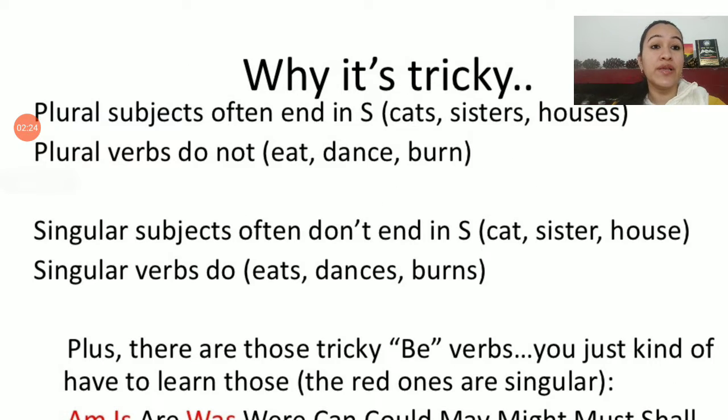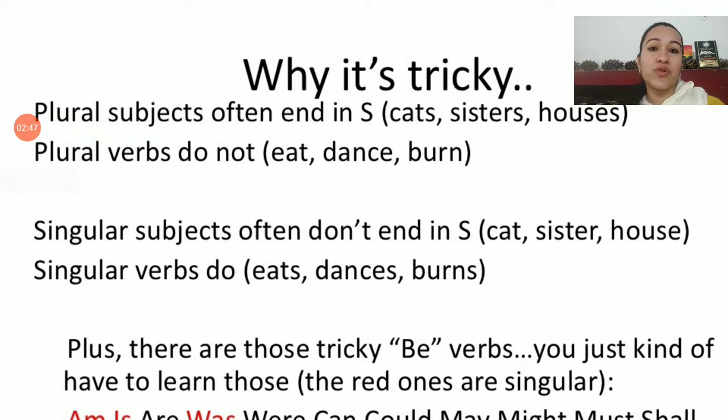For example, she dances, he dances. So when you have a singular subject, you use S with the verb. When you have a plural subject which ends with S, you do not use S in your verb. So this is the S rule.